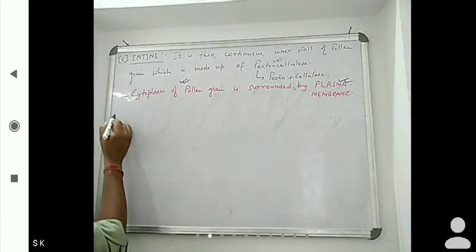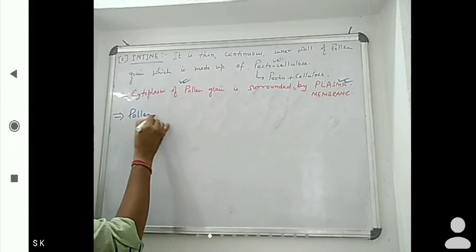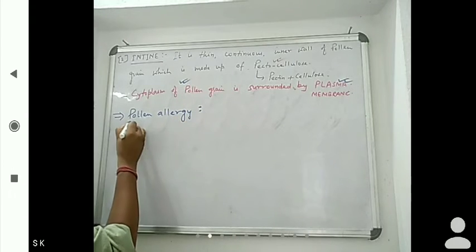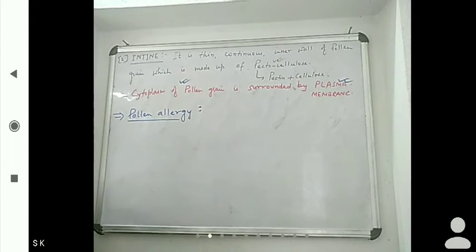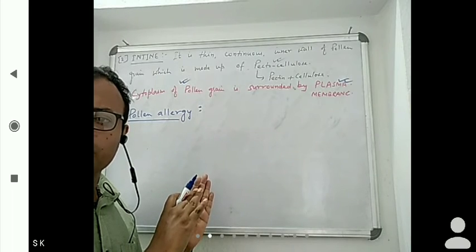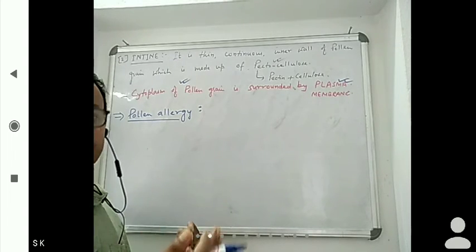Now next we have to discuss that pollen grains create some allergy. So next is pollen allergy. Now mostly which type of plants show pollen allergy? That is anemophilous plants. Anemo means air.